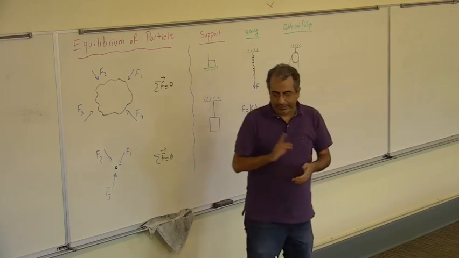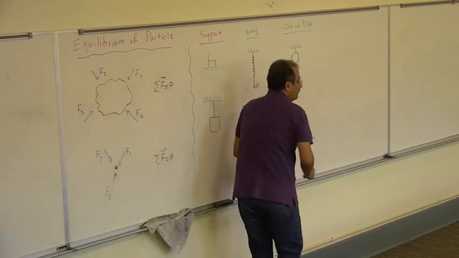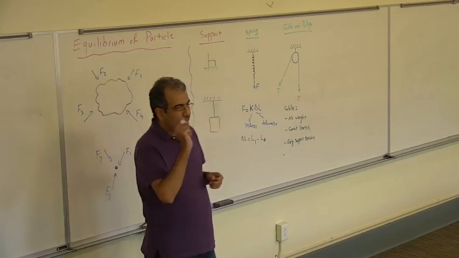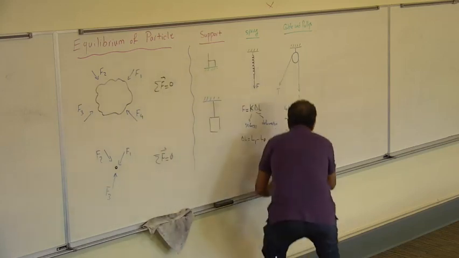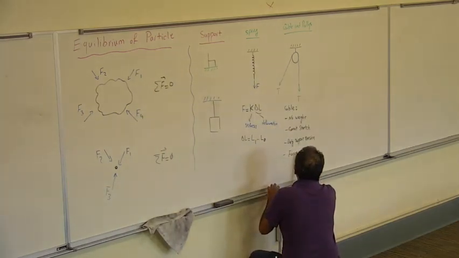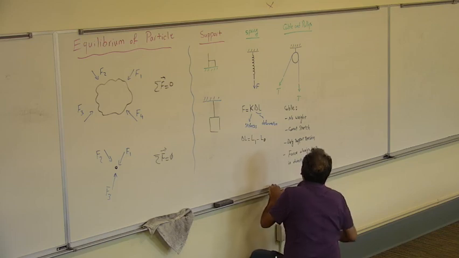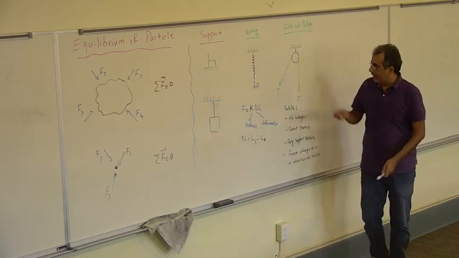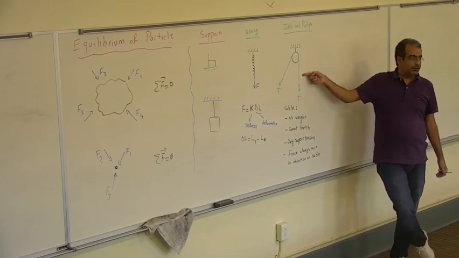Okay? It's also important that for the cable, the force always acts only in the direction of the cable. So for example, if this is the cable and I put a horizontal force there, what would happen?